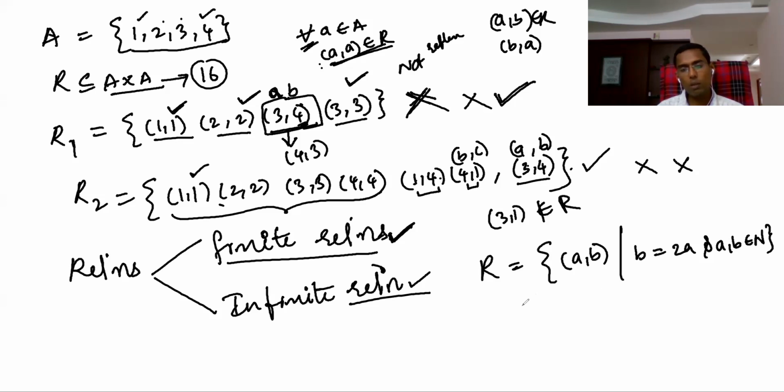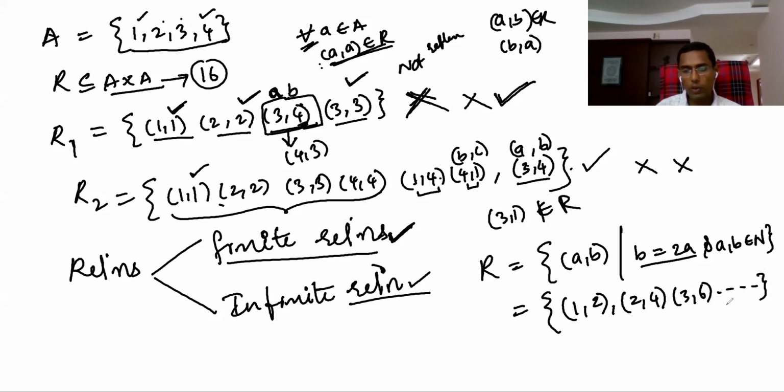If I take A equal to 1, then B equal to 2. If I take A equal to 2, then B equal to 4. If I take A equal to 3, B equal to 6, and so on. This is called an infinite relation, because as you take infinitely many values of A, you get infinitely many values of B.